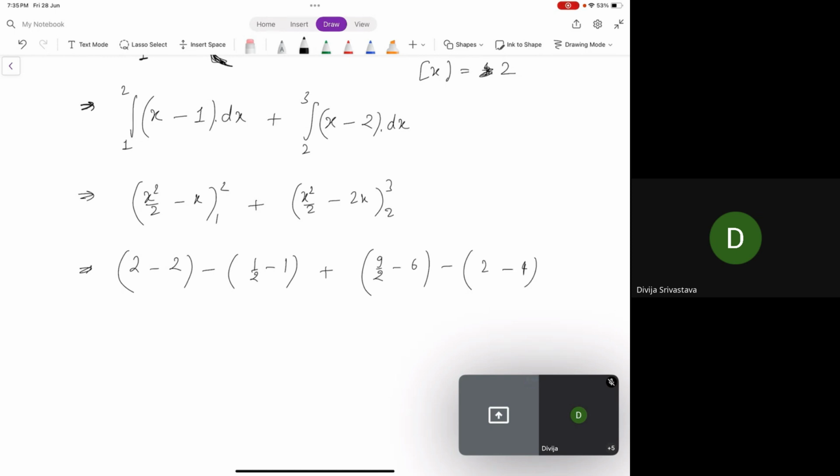Now solve this whole equation. 2 minus 2 is 0, and minus half minus one, so plus half. And here minus 3 by 2, and here minus 2 plus 2. So this is minus 1.